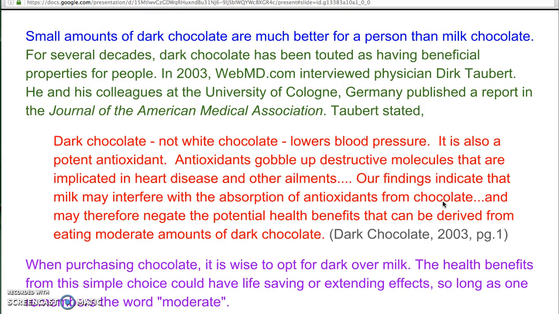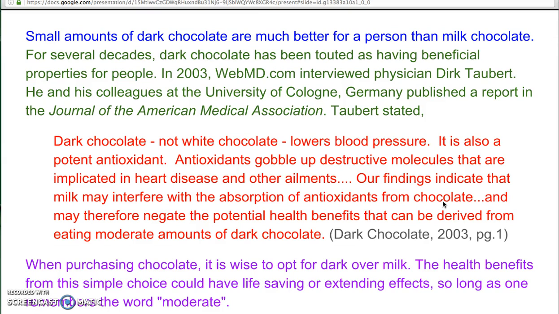It is also a potent antioxidant. Antioxidants gobble up destructive molecules that are implicated in heart disease and other ailments. Our findings indicate that milk may interfere with the absorption of antioxidants from chocolate and may therefore negate the potential health benefits that can be derived from eating moderate amounts of dark chocolate." Dark chocolate, 2003, page 1.